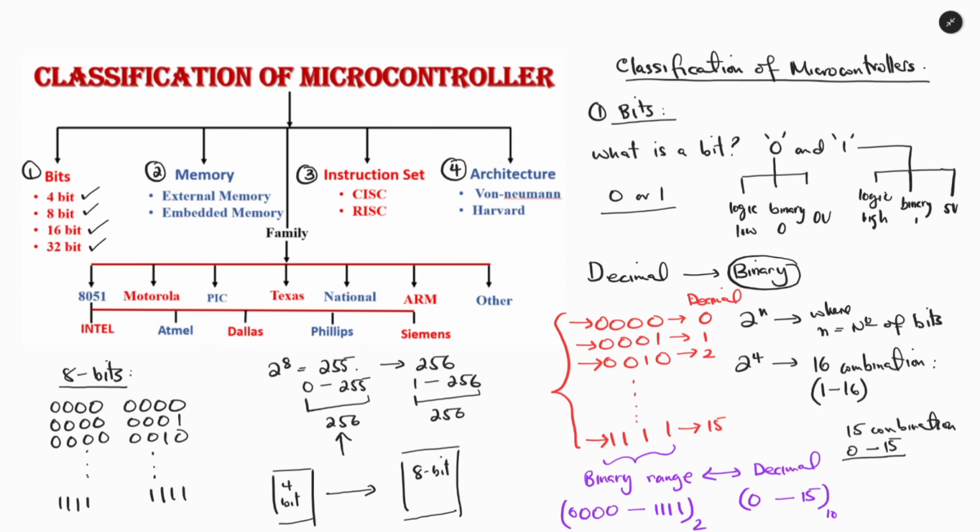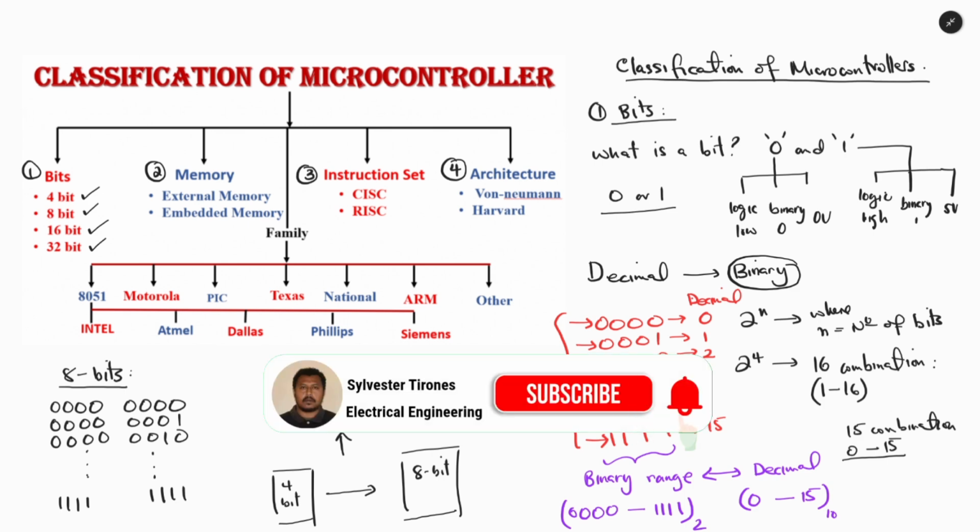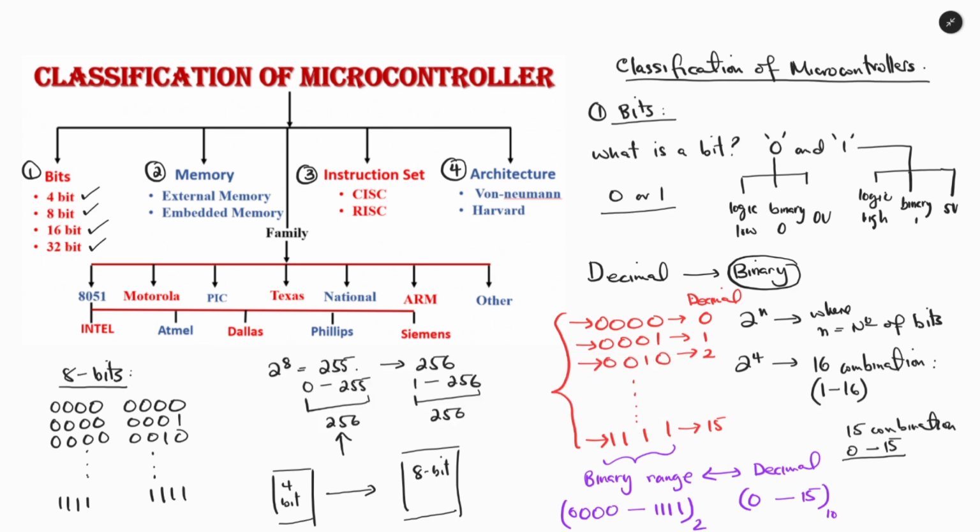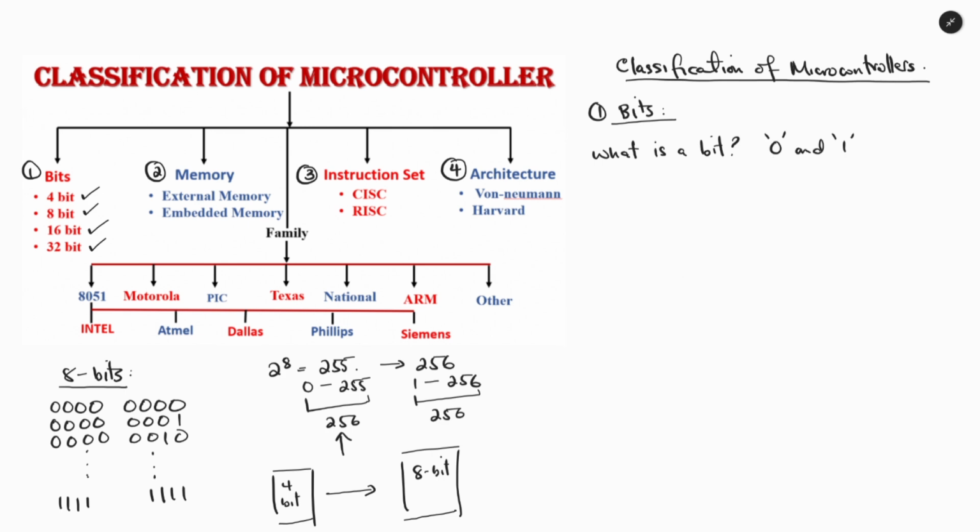Increasing the number of bits means that we can increase the amount of data or information that can be processed in a microcontroller. And later we will look at some examples of a PIC microcontroller and the Atmel microcontroller, especially with the 8 bits, and we can do some comparison for you to really understand what that bit means and how you can locate it in a microcontroller.